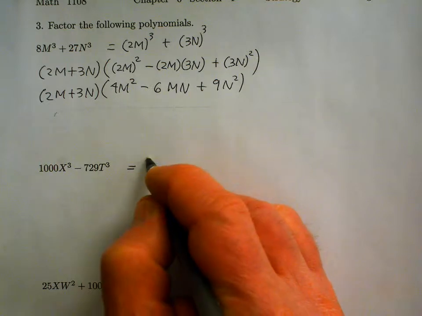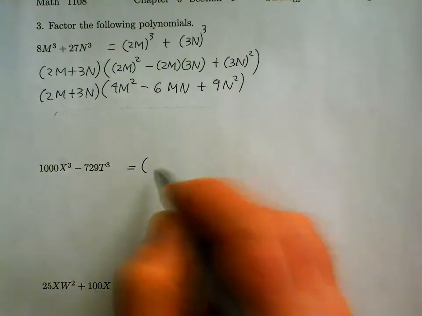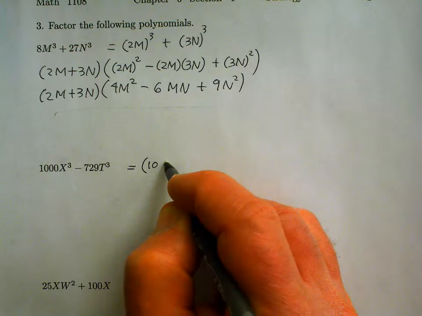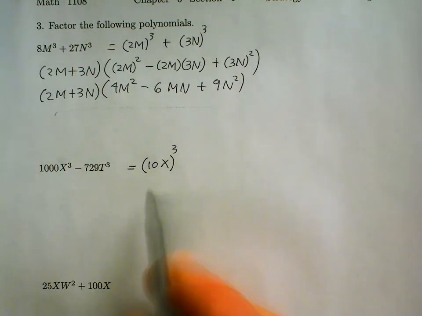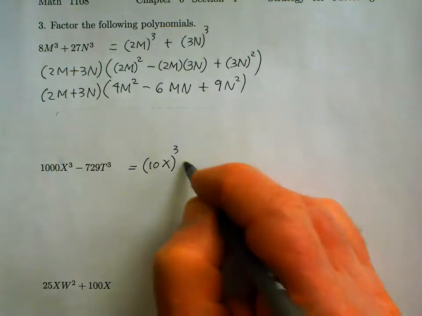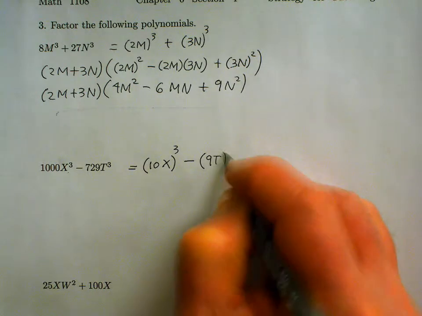So we can rewrite this so that it is more obviously a difference of cubes. So if we raise the term 10x to the power 3, we get 1000x to the third. And then we're subtracting the term 9t to the third.